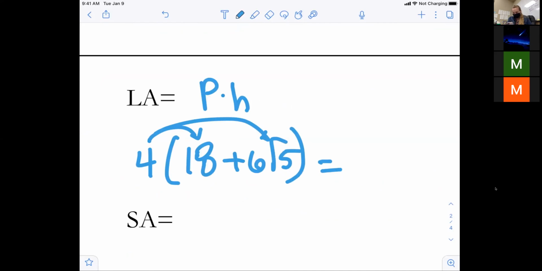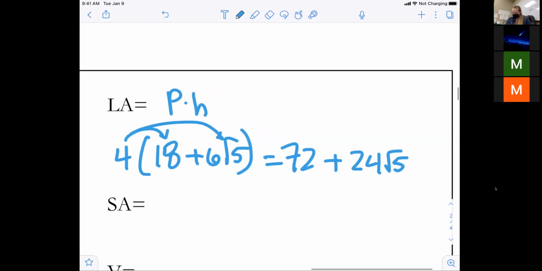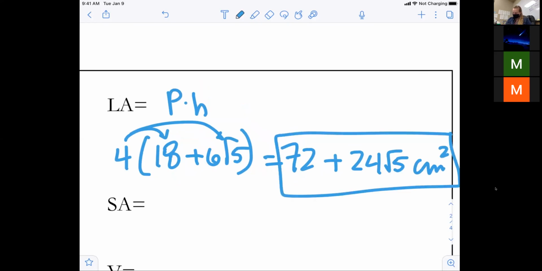Let me get my calculator. But 72, and then 4 times 6 root 5 is going to be 24 root 5. And then I put that as centimeters squared. I cannot simplify that anymore.